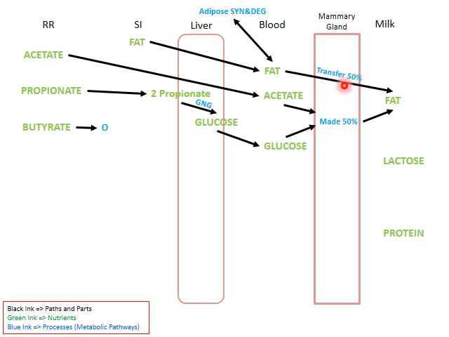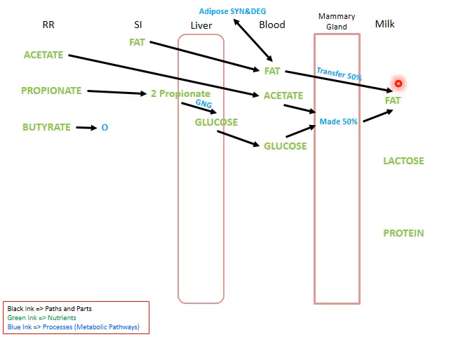The other 50% of the milk fat is due to transfer that can either come off her back, so adipose tissue synthesis and degradation of fats. Those can empty out off her back, go to the blood, and be transferred to the milk. In early lactation, if she's not feeling so good, losing a lot of body condition, there can be a severe dump of those adipose tissues, a whole lot of fat here, and maybe more than 50% gets transferred here.